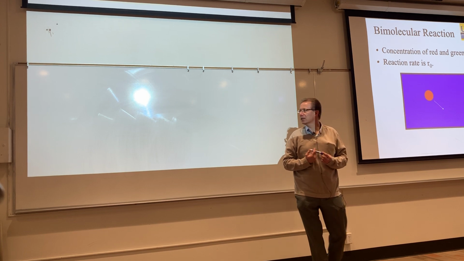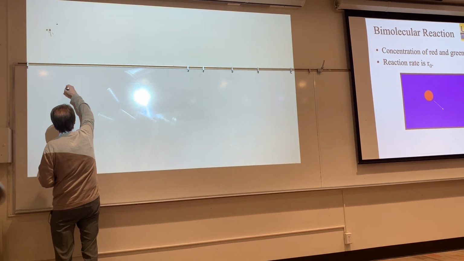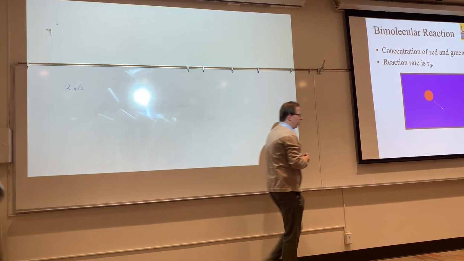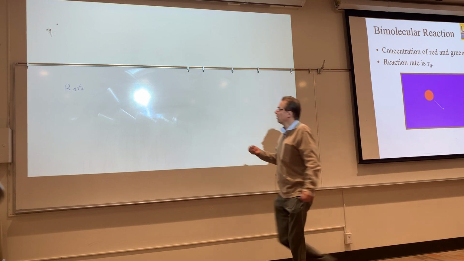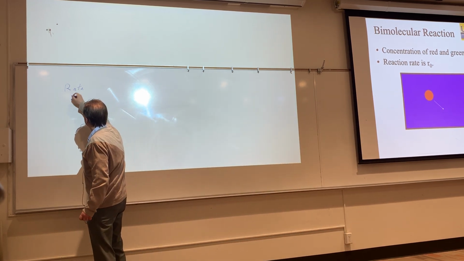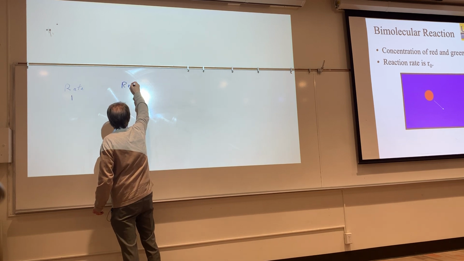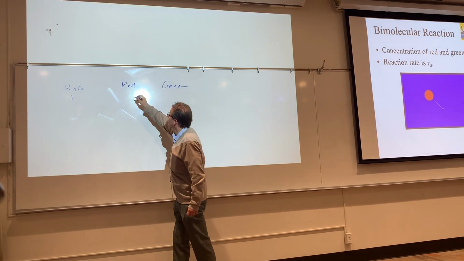And we'll find that we have maybe a certain rate of the reaction if we have one red and one green molecule in that. So let's call this rate over here 1, and whatever units it turns out to be, it is 1 if I have one red and one green molecule available.